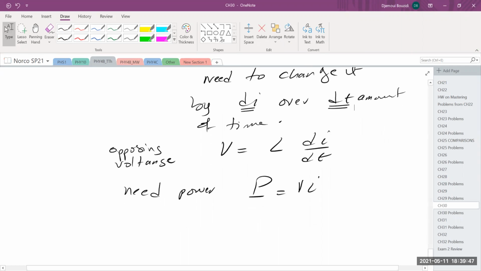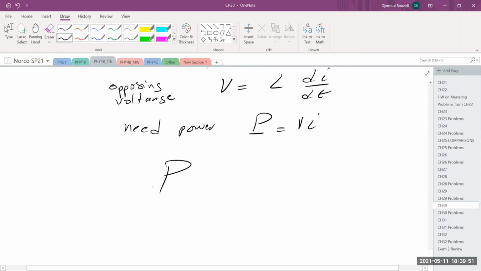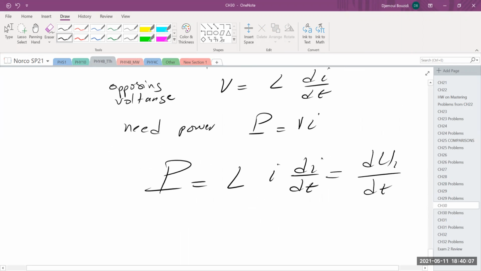So let's calculate this power. It is obvious from this calculation that the power is equal to L I di over dt. It's as simple as that. This power is the rate at which I'm delivering work or energy per unit time. This is the energy stored in the inductor at that rate.